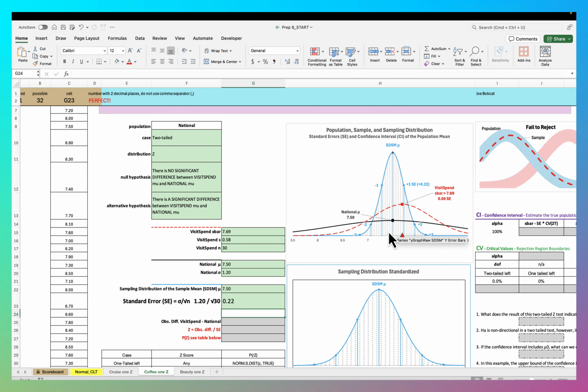We are within one standard error, right? Because from here to here is one standard error. We're within one standard error of the mean of the sampling distribution. So this is probably not going to be a reject. This is going to be a fail to reject in all likelihood, but let's see.